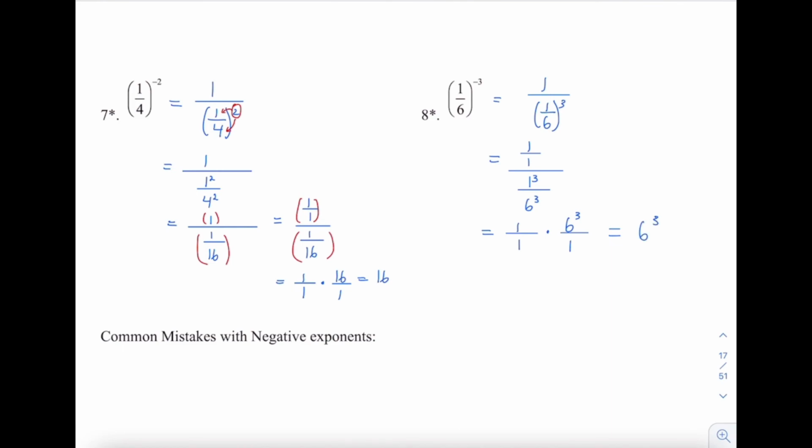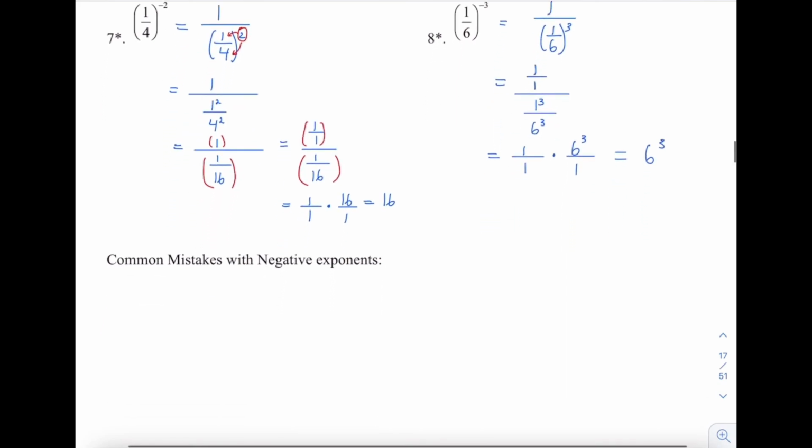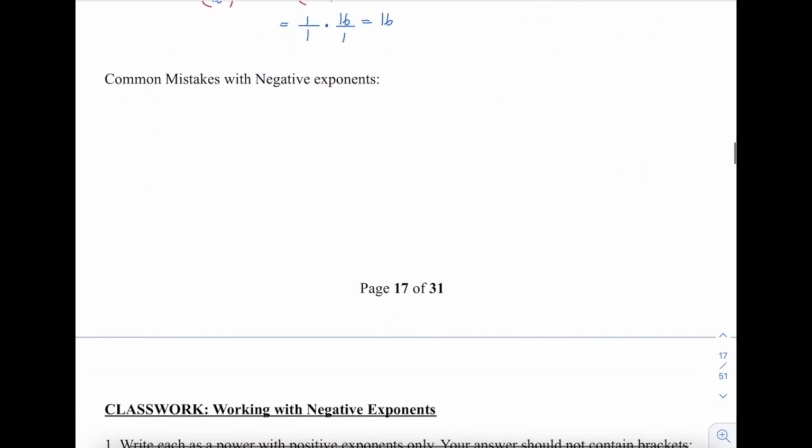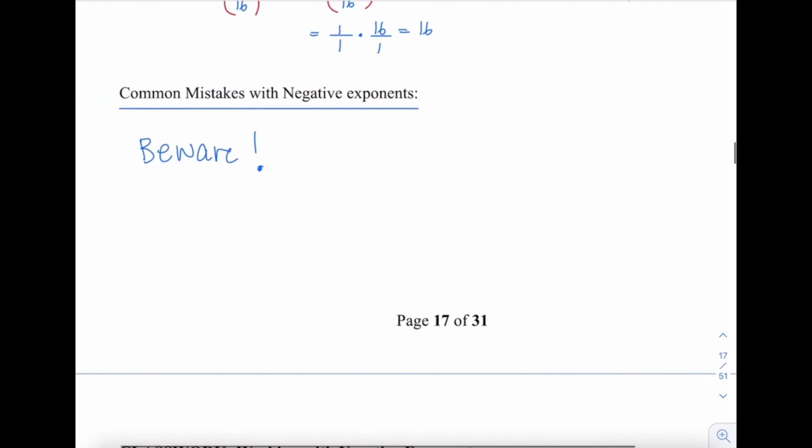Okay? I'm going to tell you one common mistake made with negative exponents, which I really, really don't want you to make, so please beware of this, okay? I'm not sure exactly what happens, but I think they just confuse this rule sometimes.